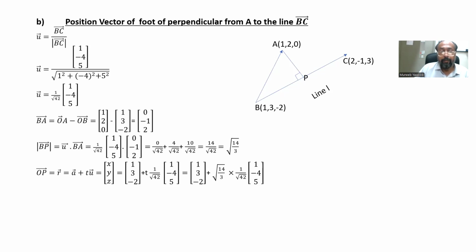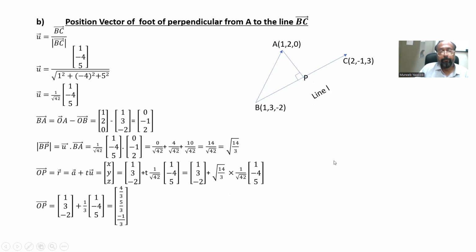If in place of the direction vector we use the unit vector U, then if t is 0, we get the position vector of A, and if t is equal to the length of BP, it will give us the position vector of point P. So in place of U, I placed the unit vector, and in place of t, I placed root 14 upon 3, which is the length of BP. Hence we got a vector which is the position vector of point P.